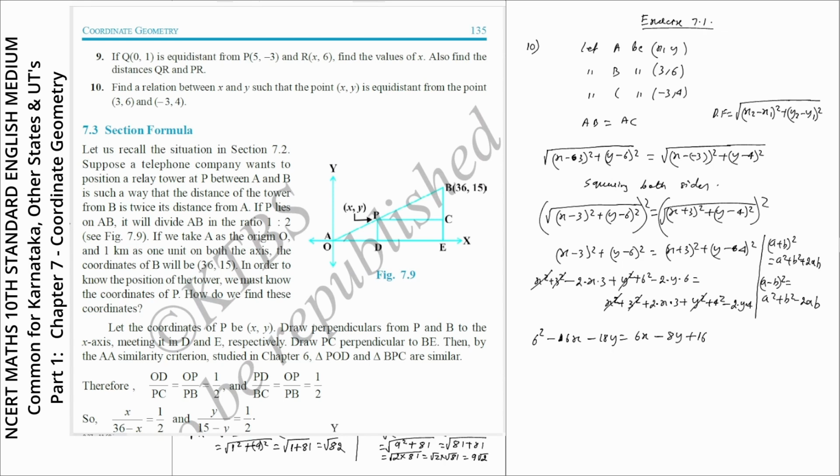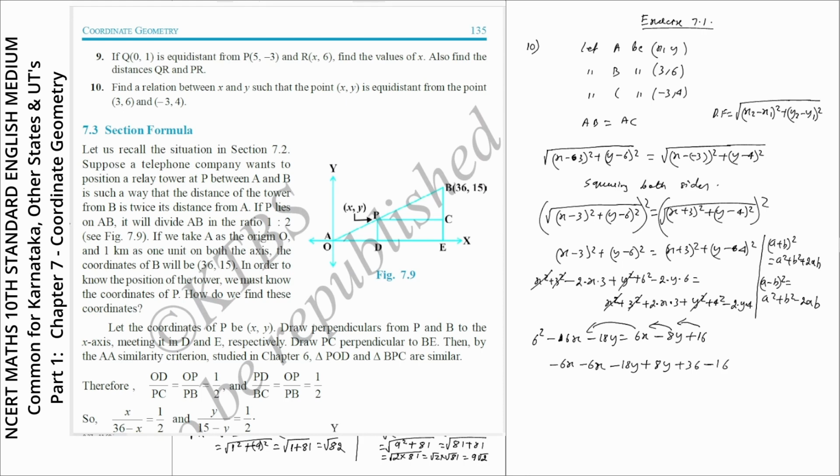So now I will bring all the x terms to the left hand side: minus 6x minus 6x. Everything I will bring to the left hand side: minus 6x, then minus 12y, and I will bring this minus 8y also, it becomes plus 8y. Now 6 square is 36, and I will bring this 16 also to the left hand side, it becomes minus 16.